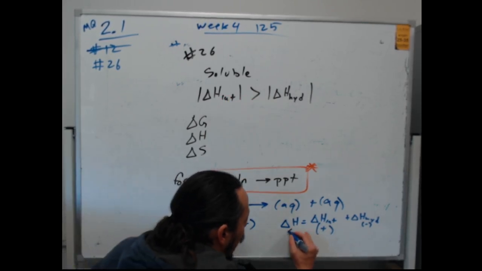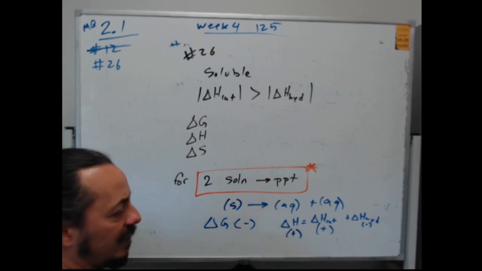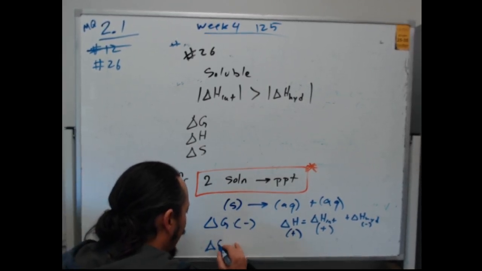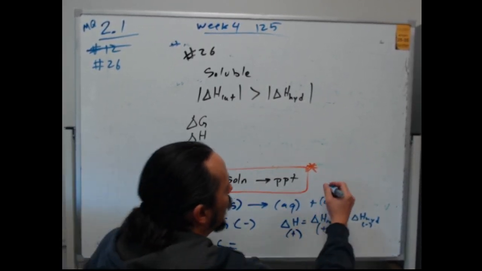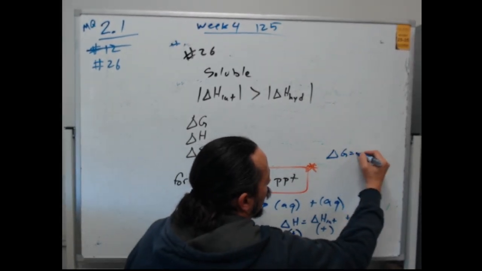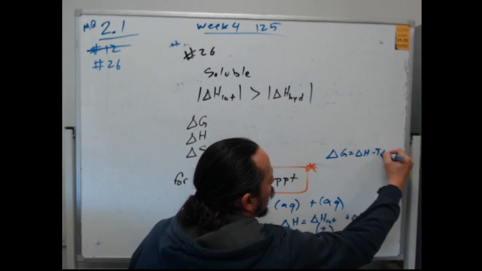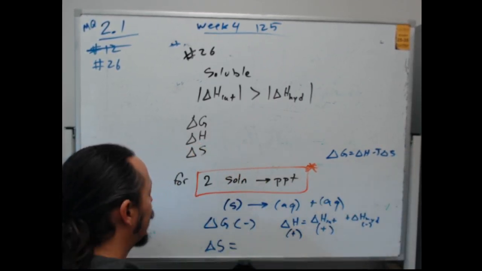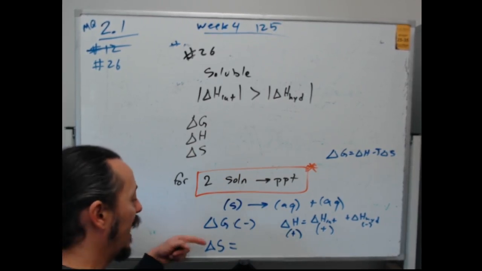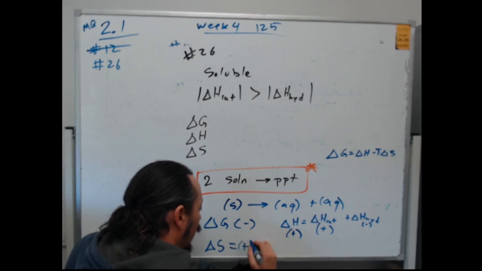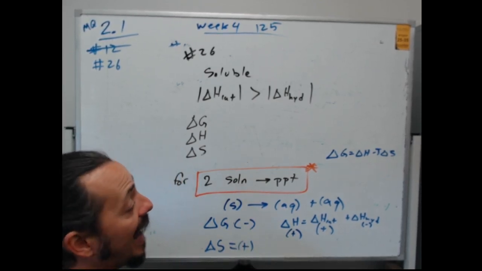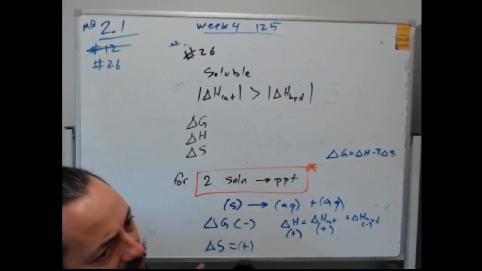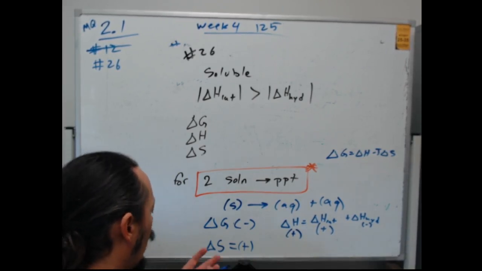So I can tell my delta H is going to be positive in this case, which means my delta S, because of the equation delta G equals delta H minus T delta S, also has to be positive in order to get my delta G negative, and T delta S has to be bigger than delta H. But that's a side thing.